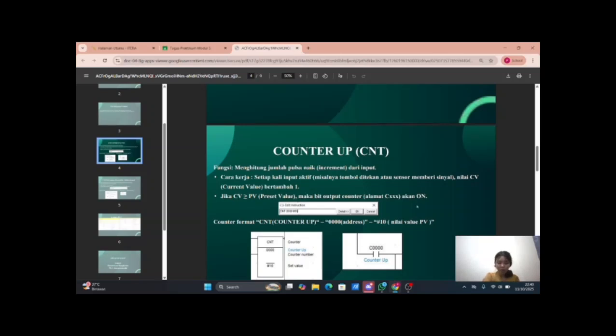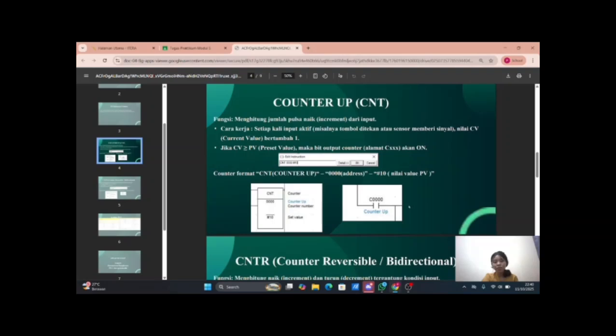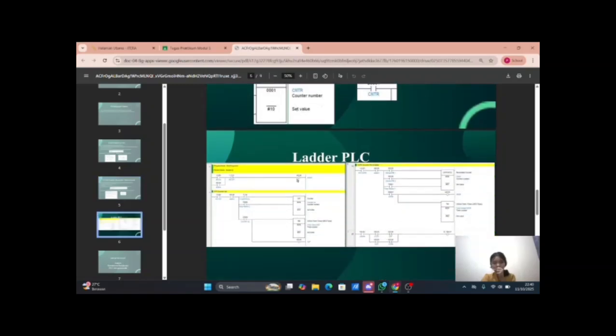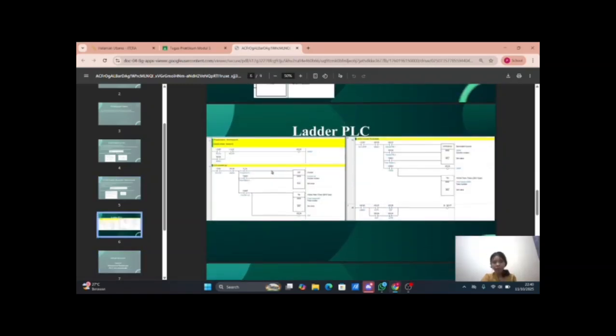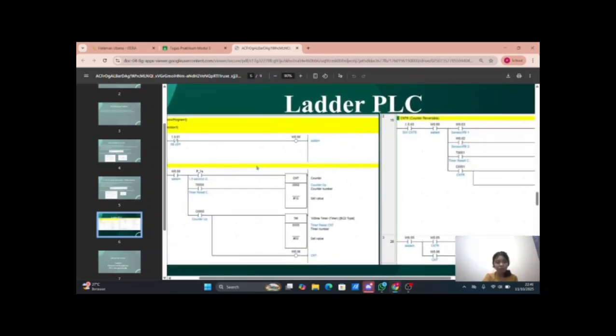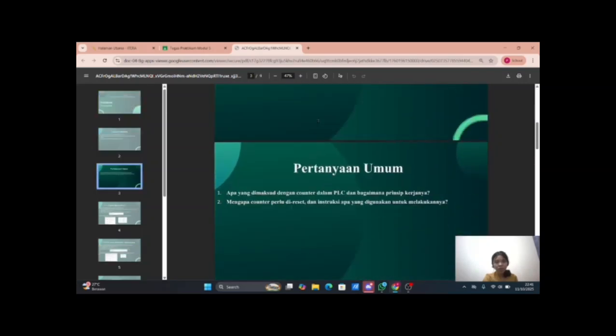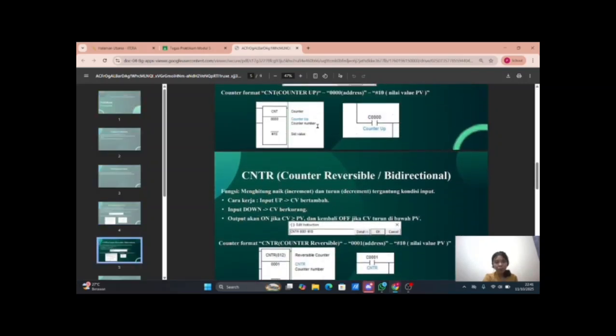This circuit begins with an input labeled SWCNT, which functions as the counter activation switch.